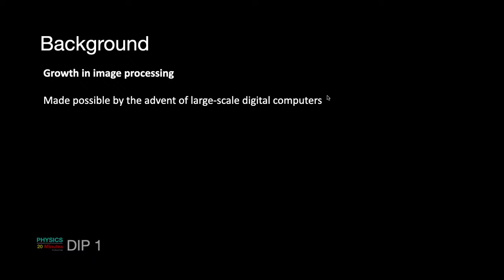The first large scale digital computer was made in 1931. I hope you all are familiar, ENIAC. And in the 1940s and 50s, these developments started. And then came the great space race of the 1950s and 60s.